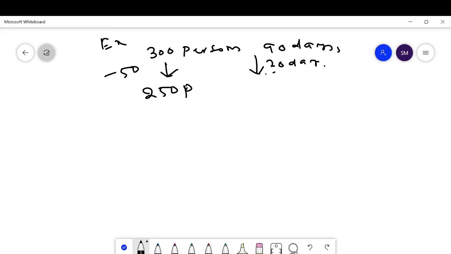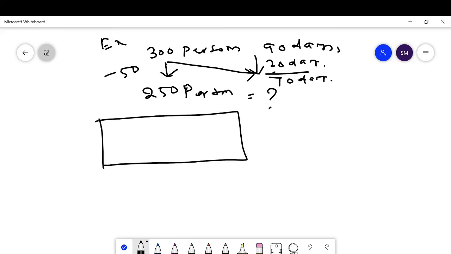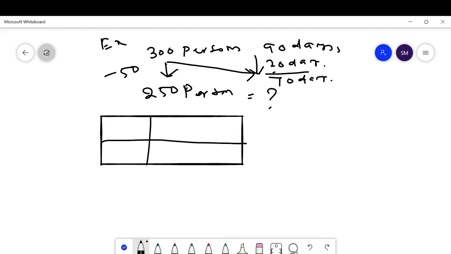Then after 20 days, the food is for 300 persons for 70 days, but 250 persons will consume it in how many days? Then make the table: x is the number of persons, and y is the number of days.